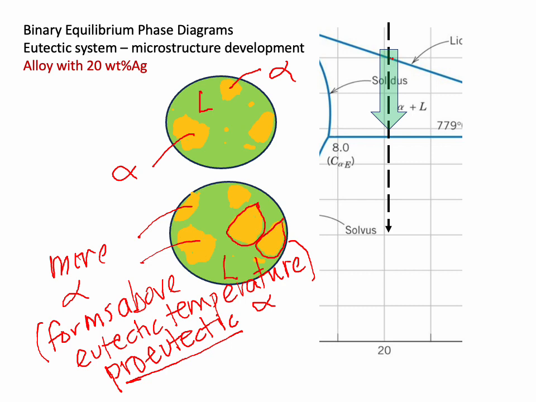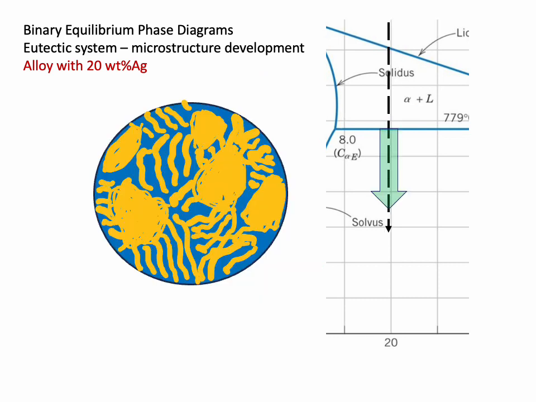So when it's just above this eutectic temperature, I'm going to have some liquid and some alpha. The alpha won't do anything. It'll remain. And that would be these bigger areas here. And all that was liquid will form this layered microstructure.